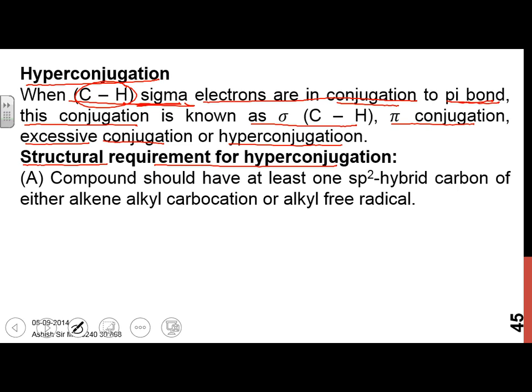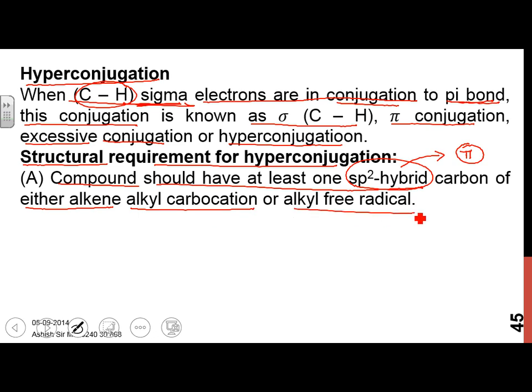We should have at least one compound which has at least one sp2 hybrid carbon, because when there is sp2 hybridization there has to be a pi bond. We require one pi bond, either alkene, then we require alkyl carbocation or alkyl free radical.